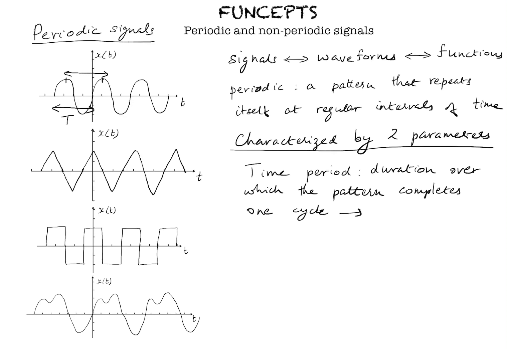And we represent that by the letter capital T. So for example, in the second waveform we can say that the duration from here to here is one period, or we can also say that the duration from here to here is also one period, and so on.